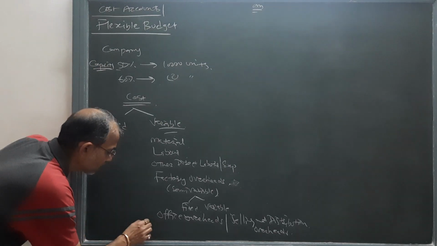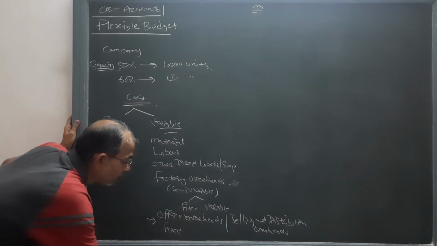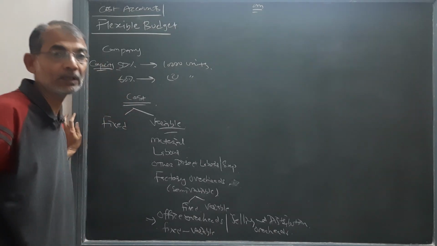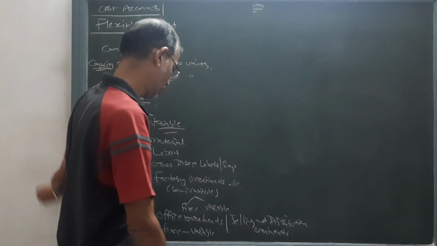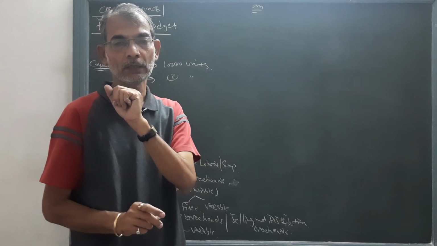Office overheads are also many times fixed or fixed and variable. So fixed will remain unchanged but variable will change. Similarly for selling and distribution overheads.